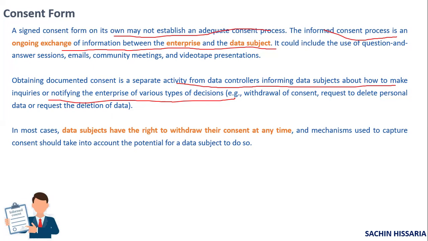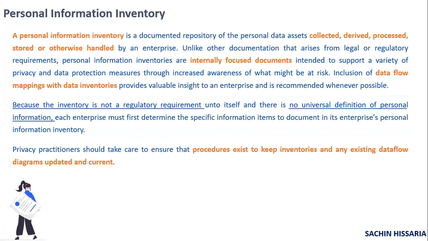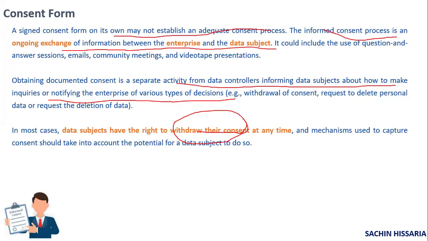In most cases, data subjects have a right to withdraw their consent. As I told you, at any given point of time, if they feel that they want to withdraw their consent, they can do so. So for that also there has to be a process. So this is about consent.